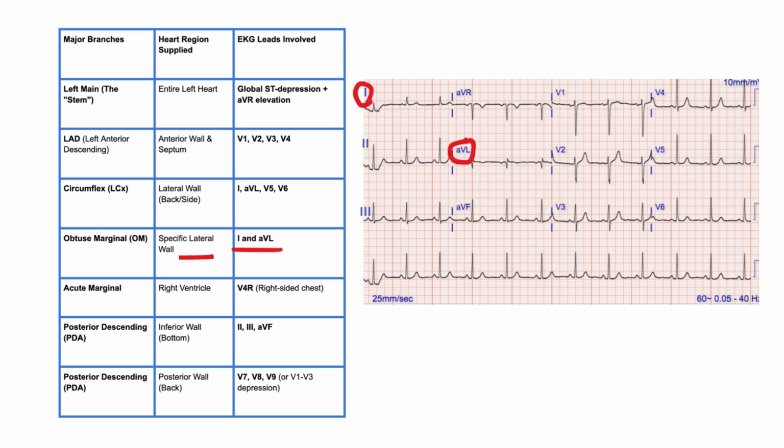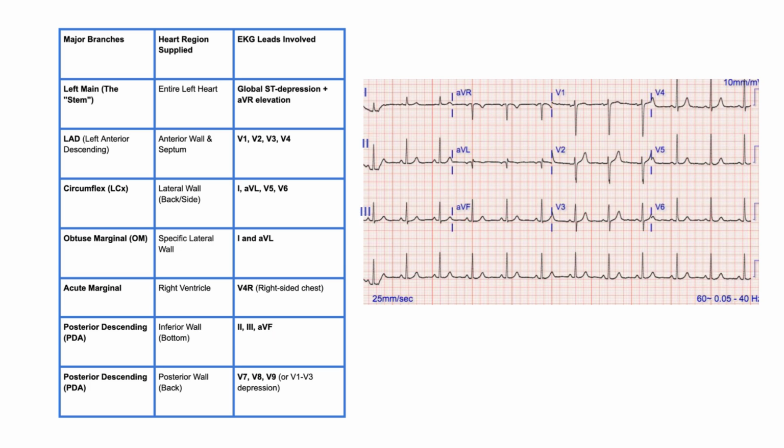Then the acute marginal, a branch of the right coronary artery, supplies the right ventricle. We should see changes in V4R, which is obtained by placing the V4 electrode in the fifth right intercostal space. Now, the posterior descending artery, which you know is a very major artery, supplying the inferior wall of the heart, we will see ECG changes on lead 2, 3, and lead AVF.